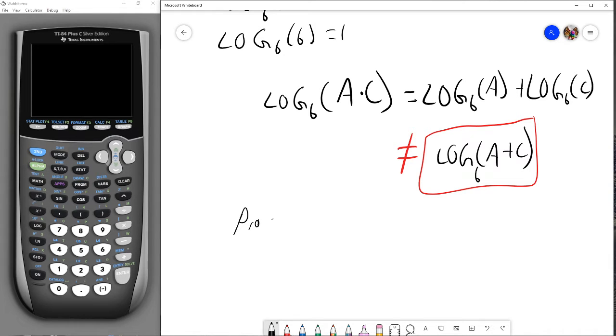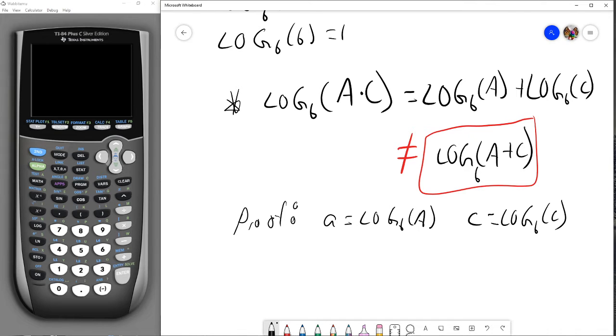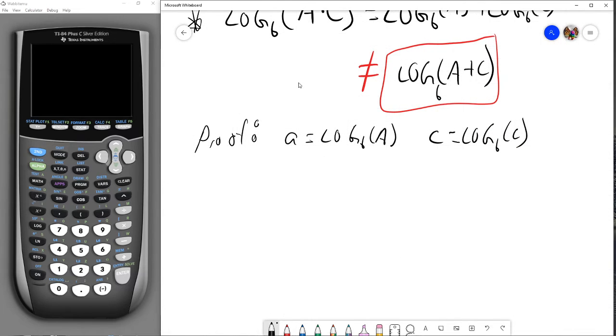Let's go ahead and prove this new law of logs, this fun fact. Let a equal log base b of a, and let c equal log base b of c. We can rewrite each of these as exponentials: b to the a is equal to a, and b to the c is equal to c.